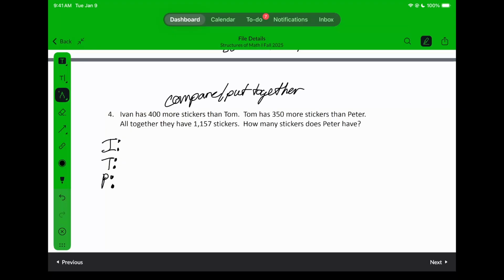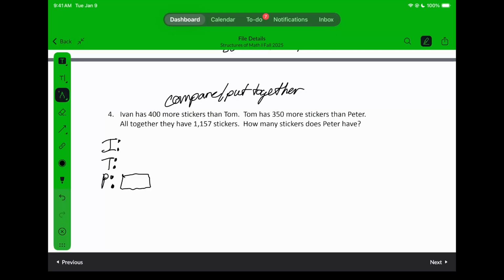So Ivan has a number, Tom has a number that's 400 less. And then Peter has a number that's 350 less than Tom. So if you really think about it, they're in decreasing order. Peter is the base amount. Because Tom has more than Peter, Ivan has more than Tom, which means that Ivan has more than Peter. So Peter has the least.